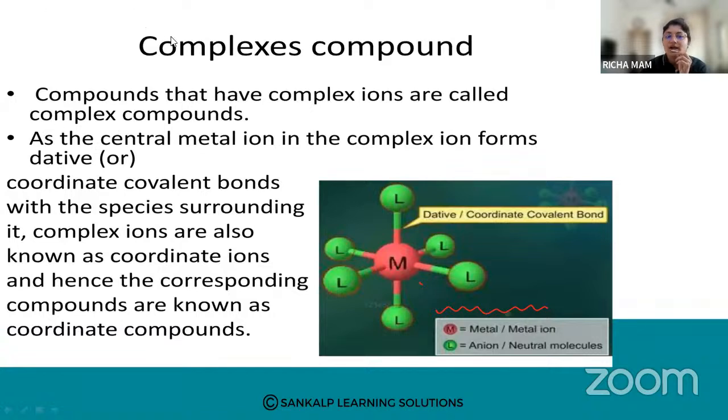As we know, the compounds that have complex ions, just now we saw an example of a complex compound. Let us take this example only. A compound which has complex ions, you can see what the complex ion is here.